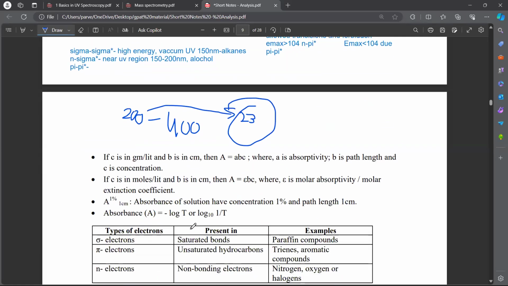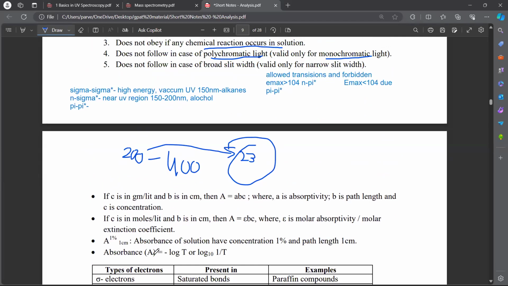So basically, this is how the whole formula works. Here you also have to remember the units and the formula. There has been a question in GPAT 2021 regarding the Beer-Lambert law also, guys.